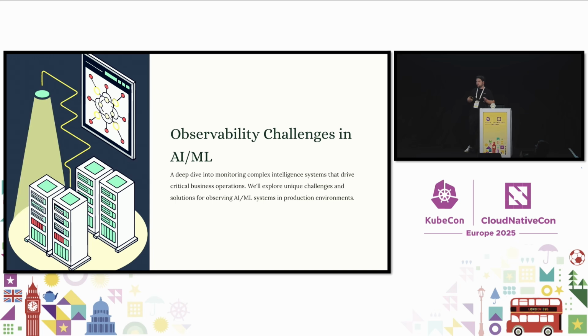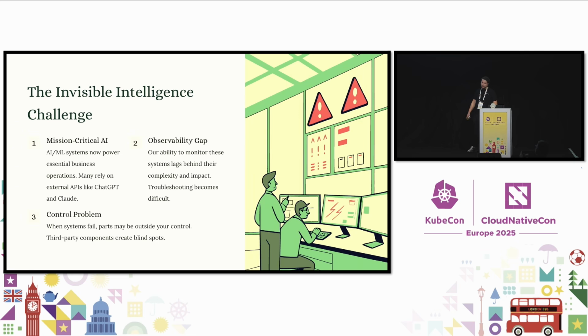We are going to deep dive into monitoring complex intelligence systems. So what is the invisible intelligence challenge? You have a mission-critical AI system, right? Nowadays, we are also powering our critical business operations, relying on some LLM application, either internally or externally.